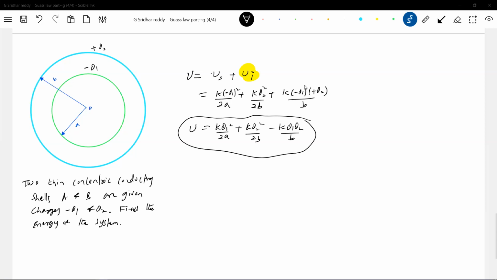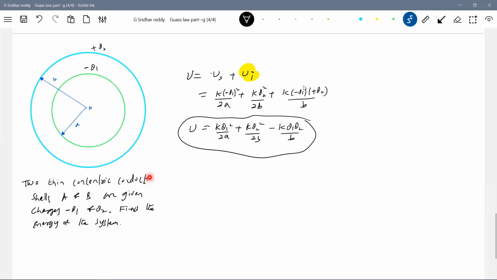Sushant, what is the self-energy of a point charge? Sushant, are you there? Yes, sir. Okay, what is the self-energy of a point charge?